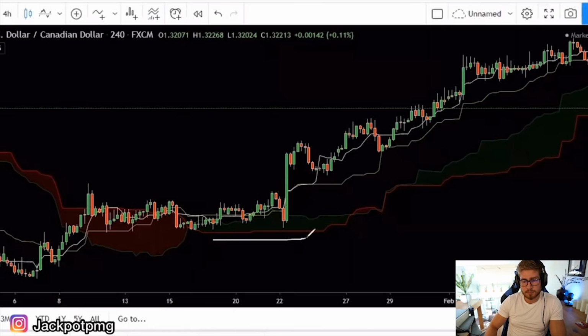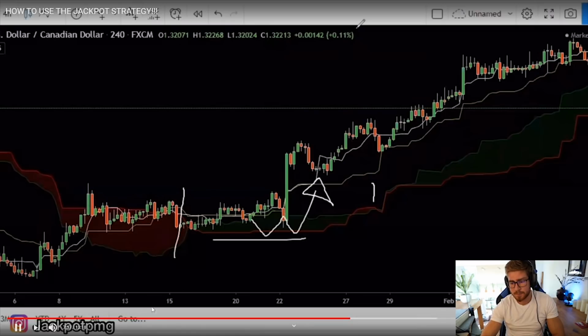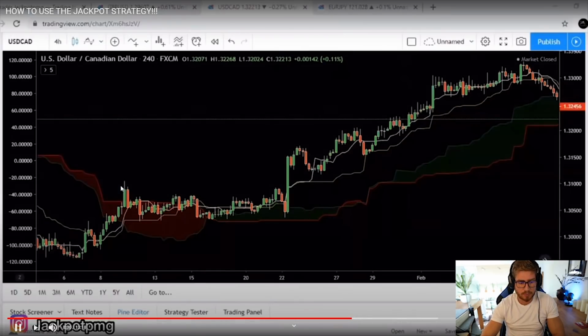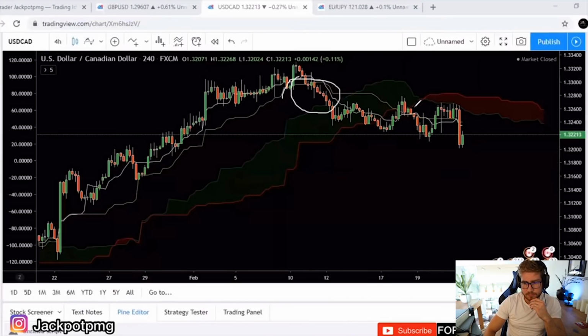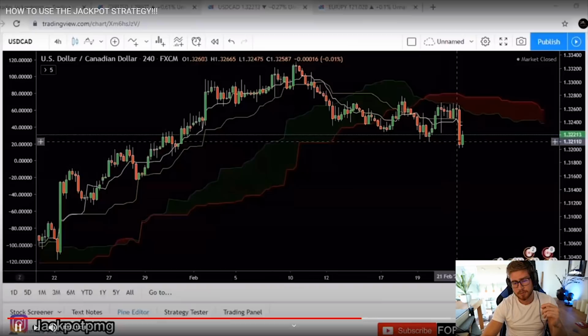And this is why my analysis was correct, right? My analysis was correct because I expected price to buy, and it was above the cloud, and it bought for me. And I was right. Cloud changed green, profit. Moving averages holding the trade for me, making sure that it goes up. Even right here, you would know to get out because price is now underneath the moving averages and now underneath the cloud. So you would want to get out of your buy. So right now, it's not clear for a buy on this time frame.